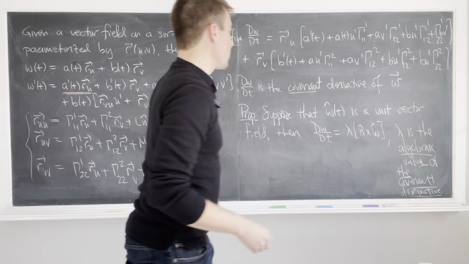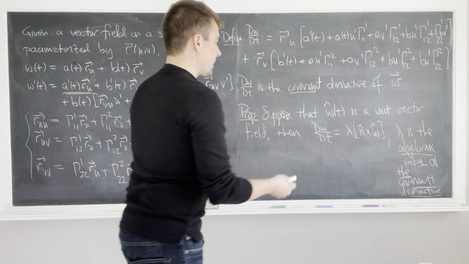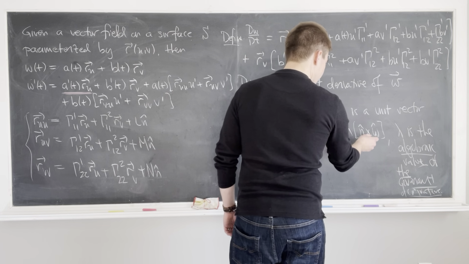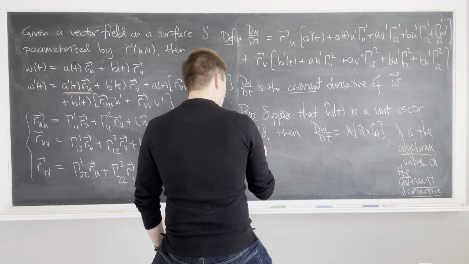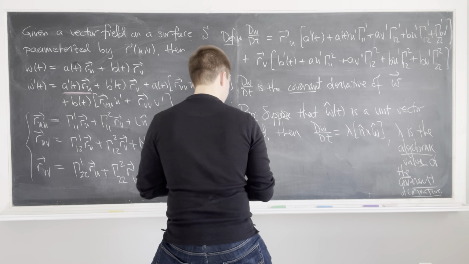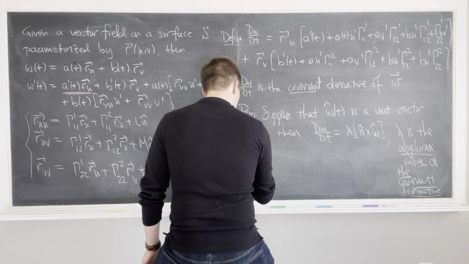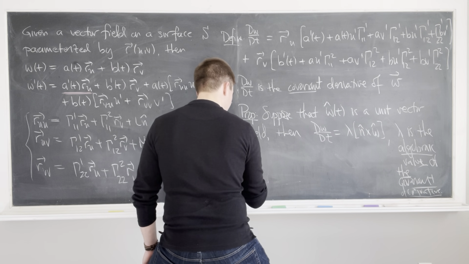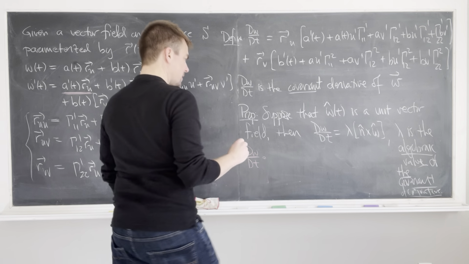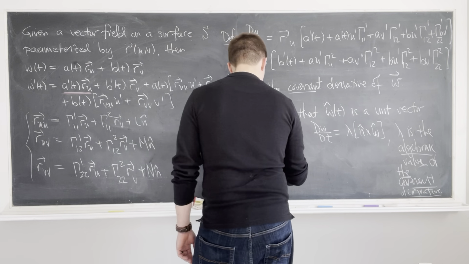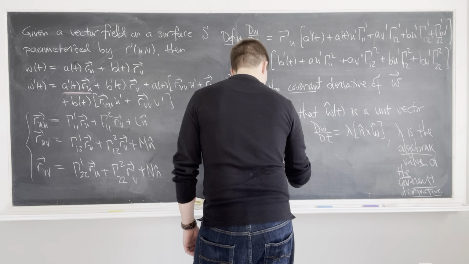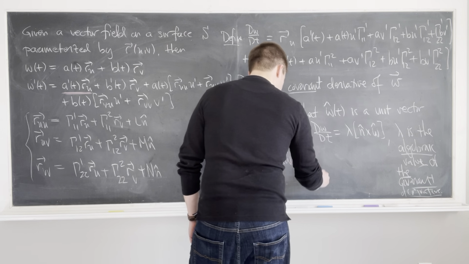Beautiful. Okay. Now, how do we find this lambda over here? Well, I can find lambda by dotting this covariant derivative with n cross w, right? So what can we say about this now? We can say that dw dt dot product with n cross w is equal to lambda, right?